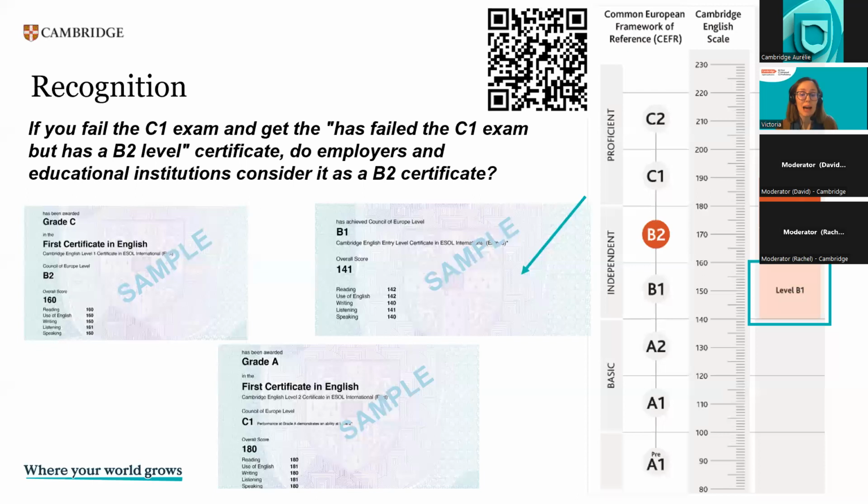Okay, and the most important thing really is that you are comfortable with the exam that you are taking. So if you think that your level is B2, go for B2 First. But if you think your level is C1, go for C1 Advanced. And if your level is B1, go for B1 Preliminary. The important thing is that you are comfortable with the exam that you are taking.